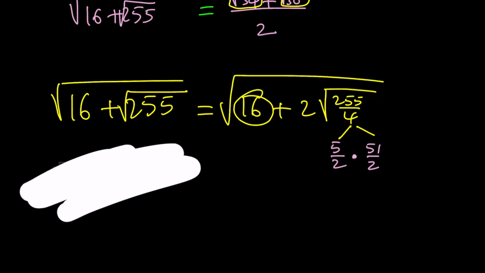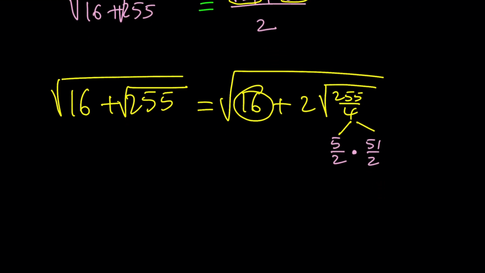So you look for other factors. Let's try something else. 5 and 51, not a good choice. Maybe it's divisible by 3, right? I think it's 3 times 85, right? But with 85 and 3, of course you have to have the halves. Their sum is going to be bigger. So I think the numbers need to be closer.